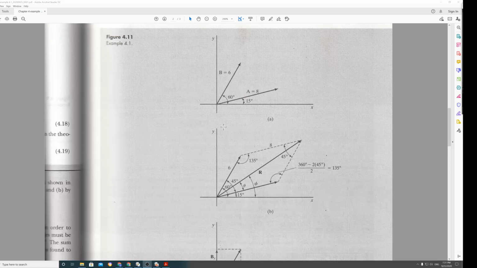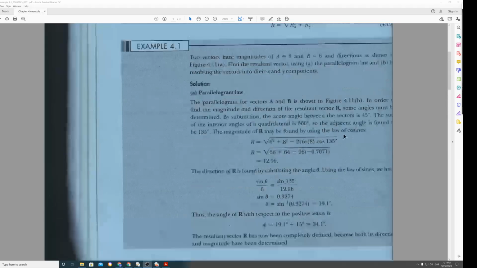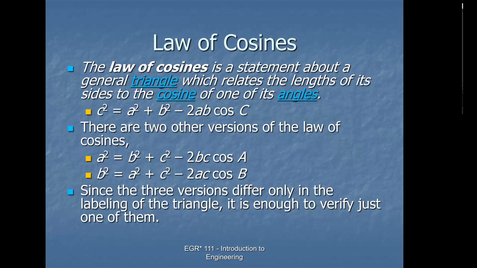First, we'll find the law of cosines and then the law of sines. We can actually use the law of cosines to find the magnitude. If you remember from previously, if I go back to the slides, here's the law of cosines, and it relates the sides.